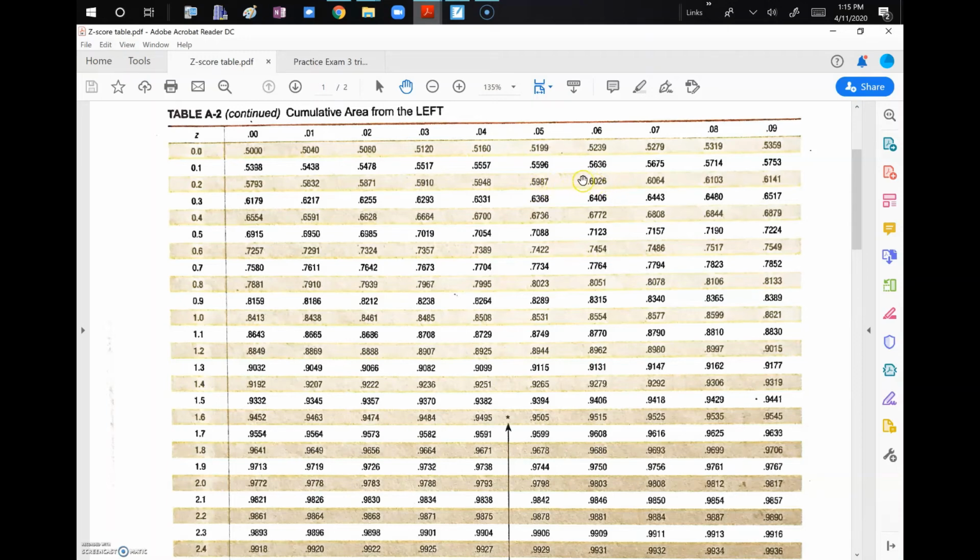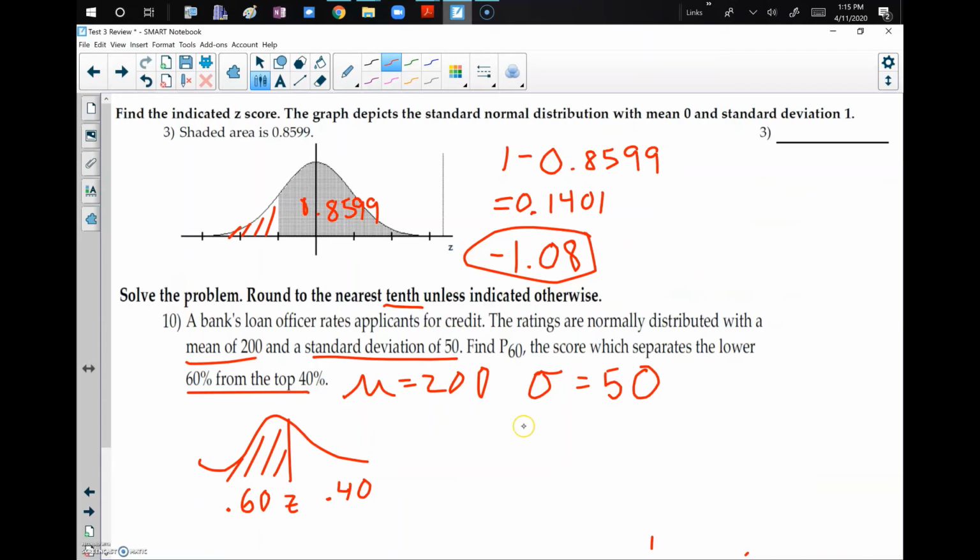So the smaller difference between my desired value of 0.6 and the numbers we see here is this one, right? This one was 0.0013. So this is going to be the value that I pick to look up in the chart. So 0.25. So that is my z-score number.